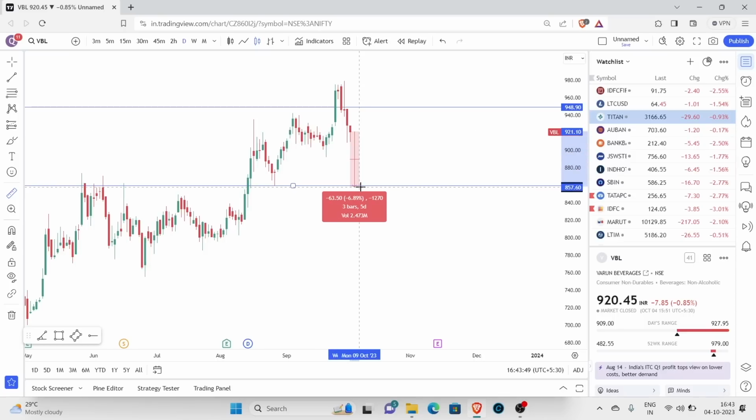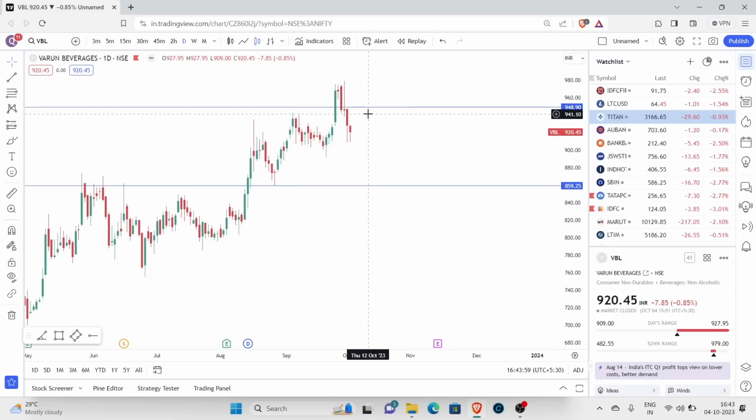And on the higher end, I really don't see a 60-point reward, which means it's a clear avoid. There is no need to take this particular trade right away. Rather, we can wait for it to break the important resistance so that we can get a better trade. Once it breaks the level of 950, we can keep a stop loss below 950 and look for higher risk to rewards.